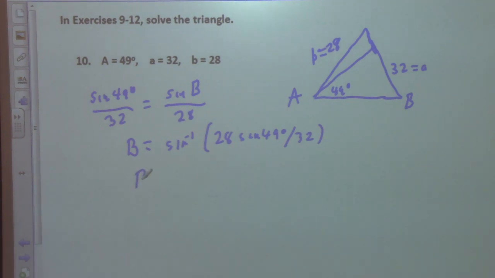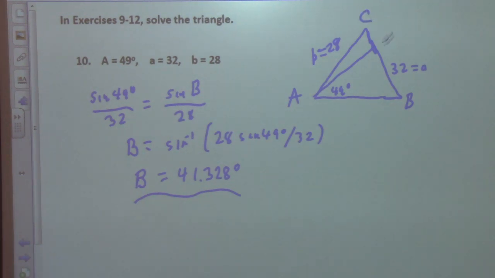Okay, so what'd you get for big angle B? I got 41.328. So there's that. Okay, that's your angle there.